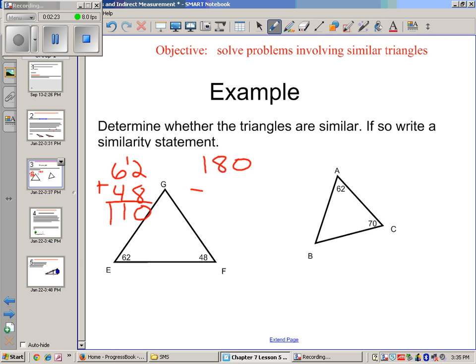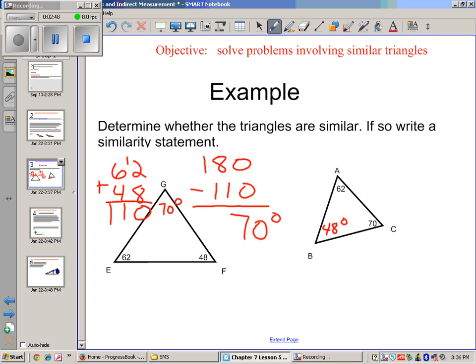Take our 110 and subtract it from 180. That leaves us 70 degrees. So angle G must be 70 degrees. So if we know that over there, then we can go with angle B on our other triangle. Angle B must be 48 degrees.